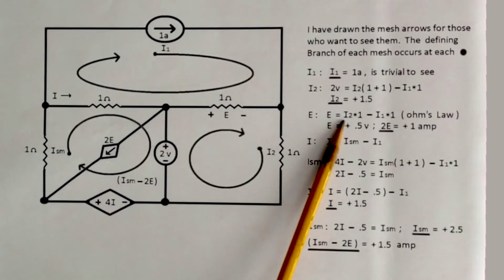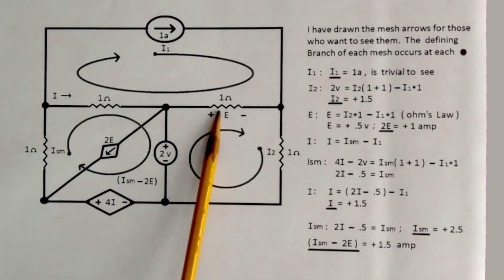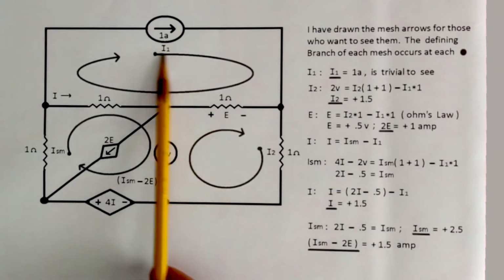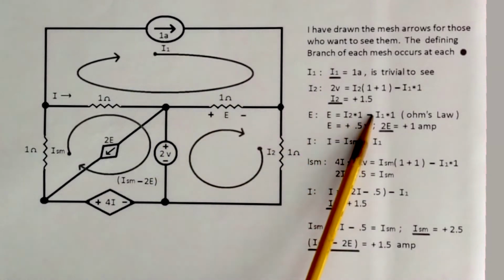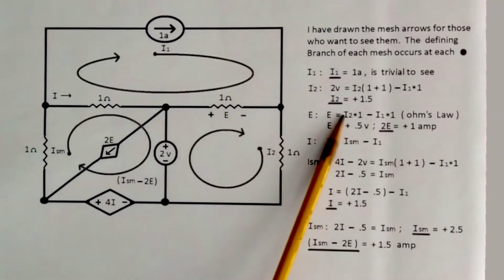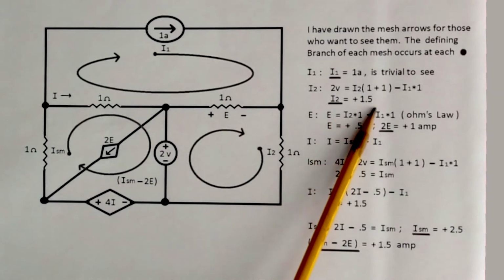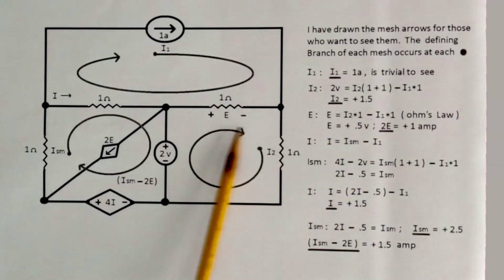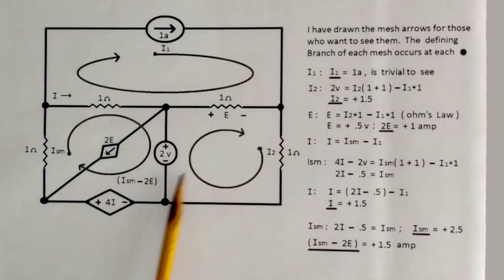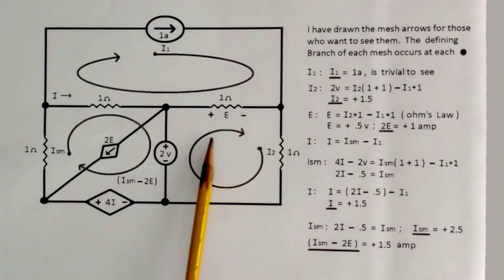We have I2 times the 1 ohm resistor, and then we have a negative Ohm's law term, a negative I1 times the 1 ohm resistor, because E is actually a summation of two Ohm's law terms.